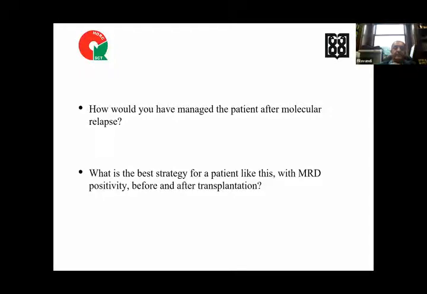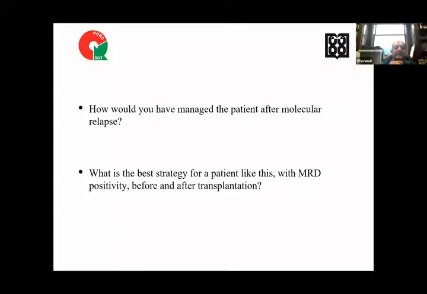I personally think that whenever you see this molecular relapse, you need to be very aggressive. And I did show you a study from Germany that used azacitidine for patients with MRD positive disease.